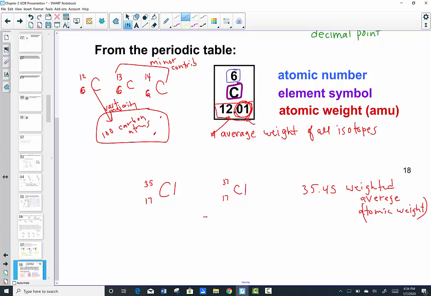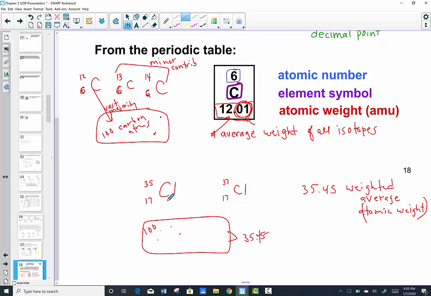Clearly, you see now, if we had a box and put 100 atoms inside of the box of chlorines, all of these atoms, 100 of them, the average weight is 35.45, I guess. Which one is the most abundant isotope?